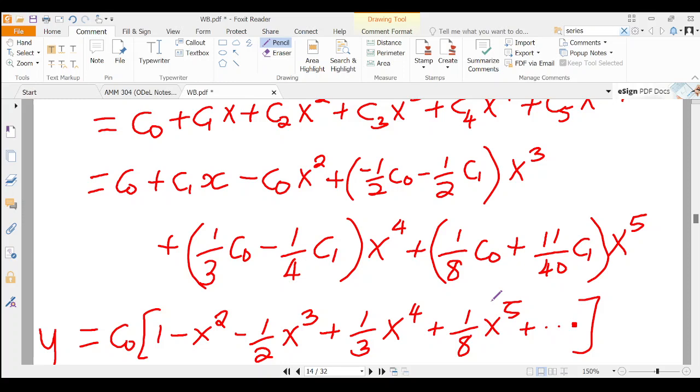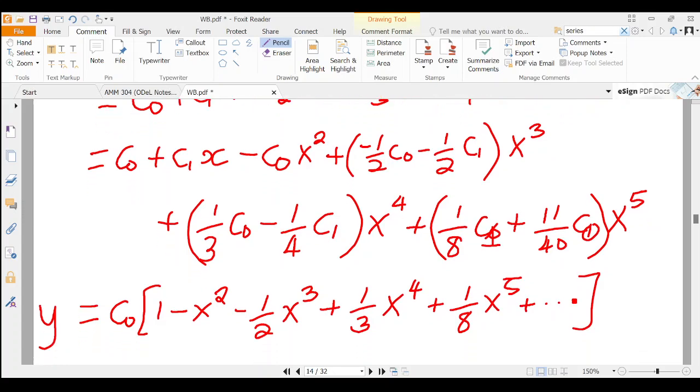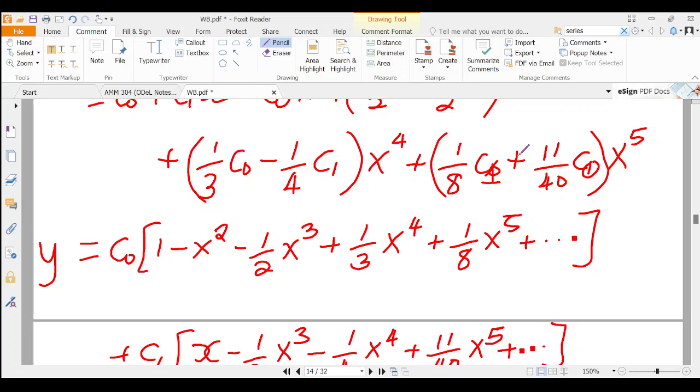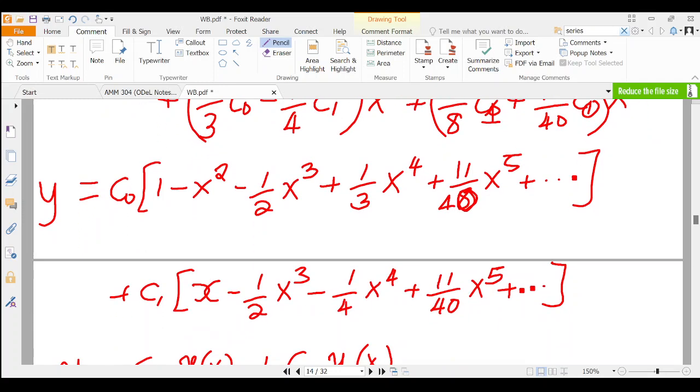So this one was C1 here, and this one is supposed to be C0. So when we are working out here, we have 11/40 x raised to power 5. So this should have been 11/40. And the term here is 1/8. This one should have been 1/8 x raised to power 5.